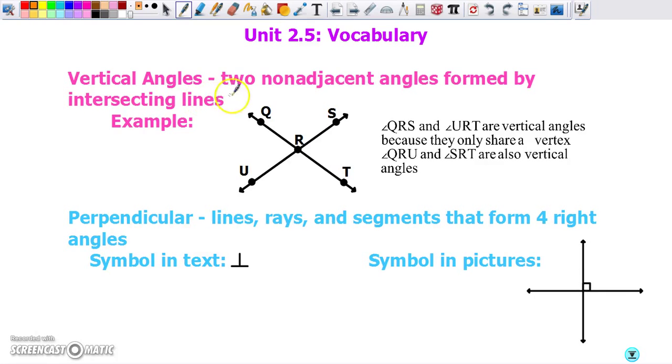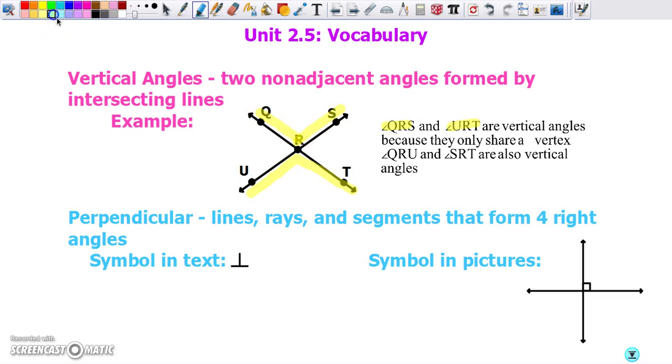Now we have vertical angles, and those are two non-adjacent angles formed by intersecting lines. What I'm going to do is just highlight them on the inside. So QRS right here and URT, those are vertical angles. And you'll notice it makes a V, right?